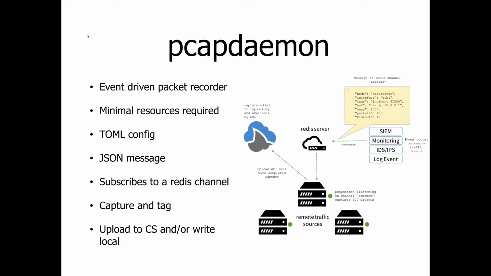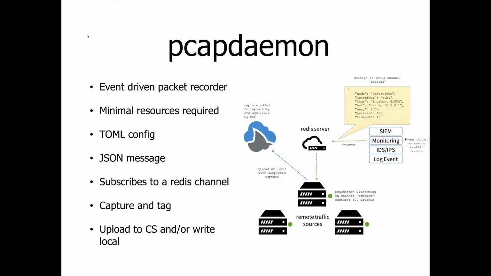Tags in CloudShark are what we use for any type of arbitrary data. It could be a customer name, an interesting keyword, an attack ID, any kind of event ID that you want to use to tie that to something useful throughout the rest of your infrastructure.